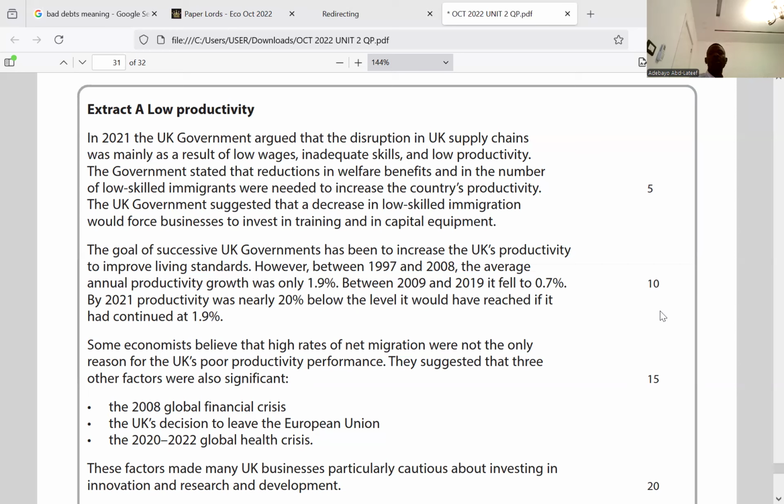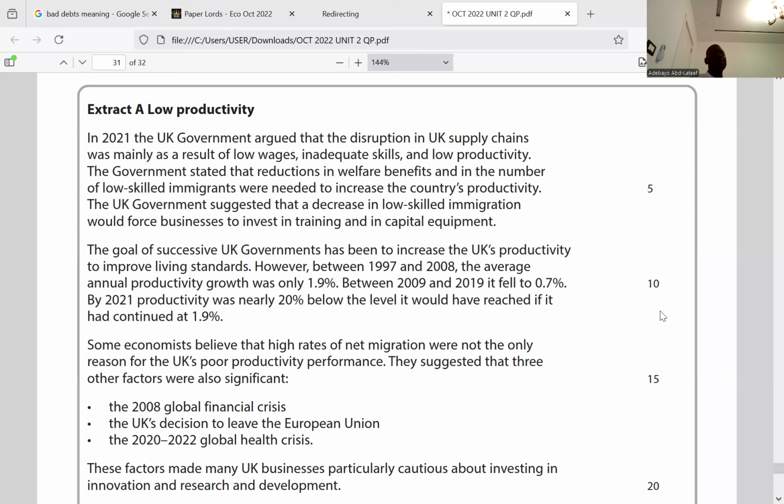Because it disincentivizes people. Reducing welfare benefits can increase productivity by encouraging more people to work, which helps fill jobs, reduce labor shortages, and make the economy more efficient.